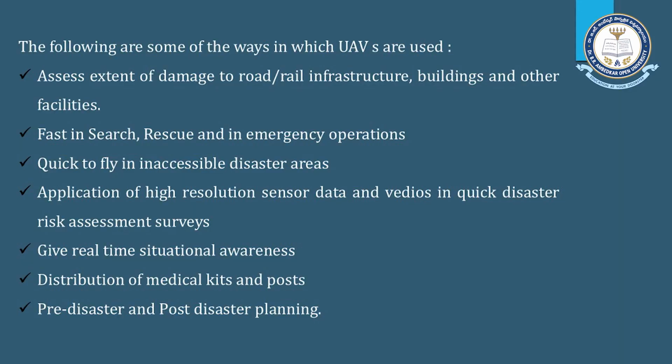So these are some of the ways in which drones are used: to assess the extent of damage to roads, rail infrastructure, buildings and other facilities, fast in search, rescue and emergency operations, and quick to fly into inaccessible disaster areas, and application of high resolution sensors and videos in quick disaster risk assessment surveys.